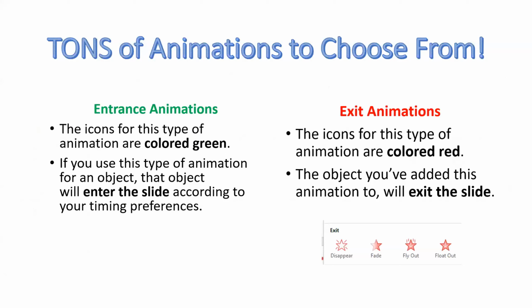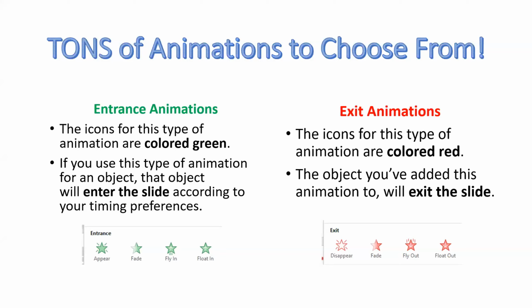One thing I did want to point out to you is that entrance animations are used for an object or word that will enter the slide. The icons for this type of animation are colored green. So if you use this type of animation for an object, that object will enter the slide according to your timing preference or with the click of a mouse.